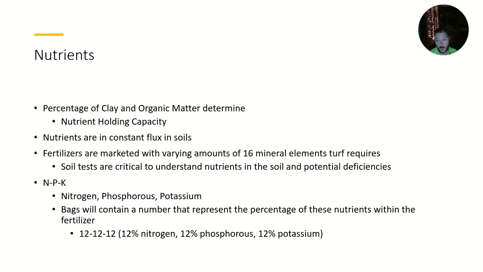But what those numbers actually represent when they're talking about the NPK ratio is the percentage of that nutrient in that bag. So a 12-12-12 is actually 12% nitrogen, 12% phosphorus, and 12% potassium. So that contains all of the main nutrients that plants need, and then there's micronutrients that we're going to talk about here in a minute.